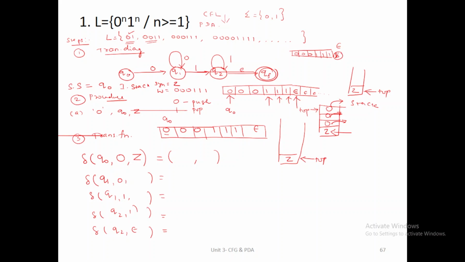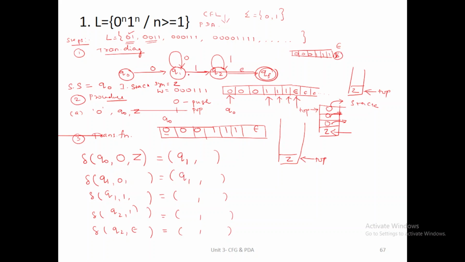And you check the outflow value. If Q0 reads 0, it goes to the Q1 state. So I am writing the output as Q1 here. The output has 2 values, so I only fill the first output value here. Next, if Q1, 0 occurs, you check the diagram, it stays in the same state, so Q1.